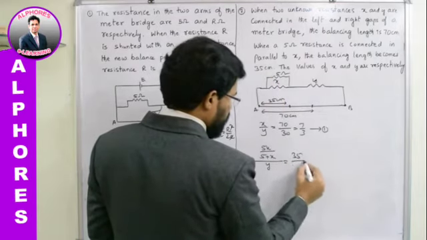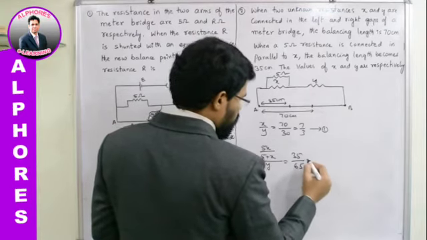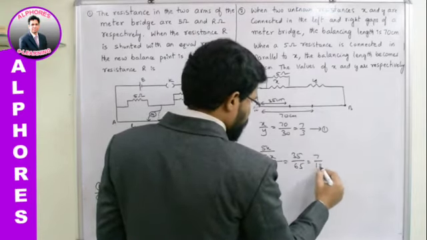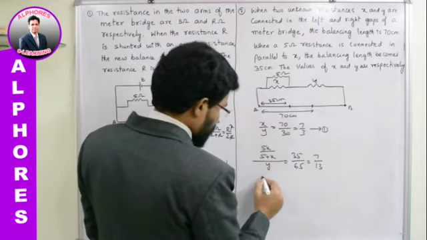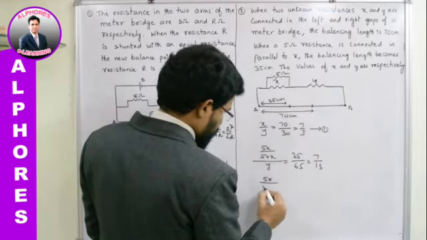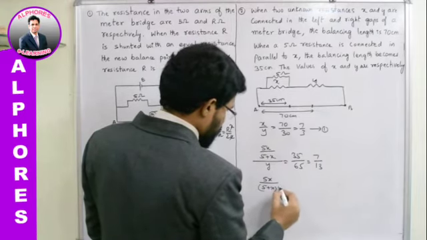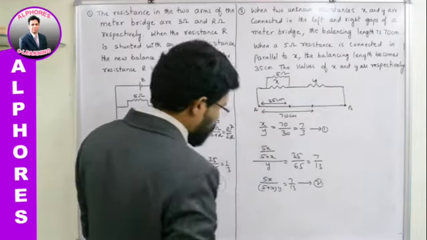So L1 is 35, 100 minus L1, 100 minus 35, it's 65. So what you will have? 7 by 13. Okay, so now let us simplify this one. If you simplify this, 5x by (5 plus x) into y is equal to 7 by 13. Let us take it as equation number 2.